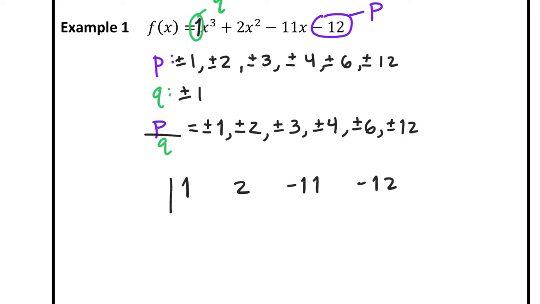And so we're doing synthetic division. And remember, in synthetic division, we bring the first number down, and then we multiply the number outside times 1. But this is where I'm saying we have different numbers to choose from. I could choose positive 6, I could choose negative 4, I could choose negative 3. But I like to start with the smallest one, and we're going to try out positive 1 first. So positive 1.